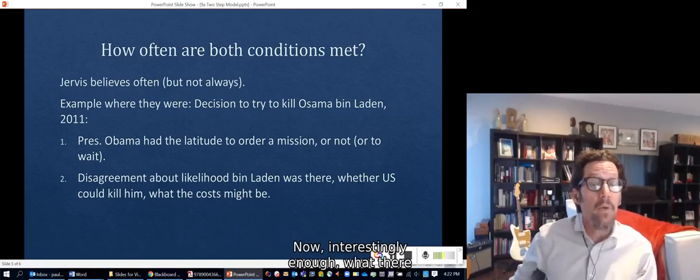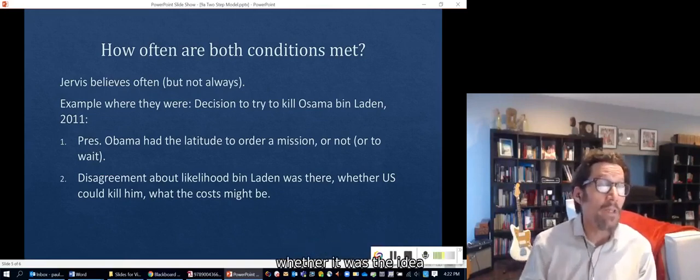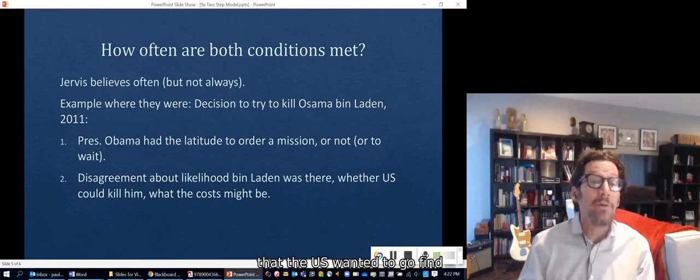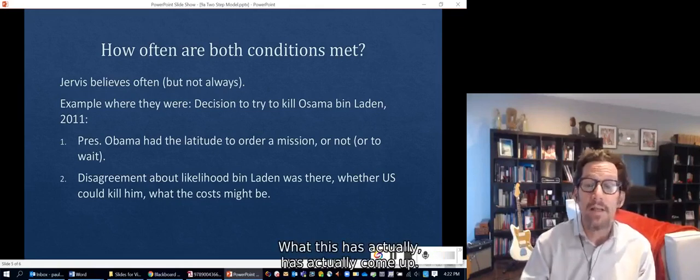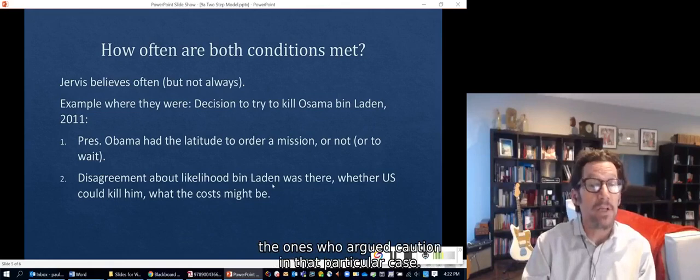Now, interestingly enough, what there was not any disagreement about was the idea that the U.S. wanted to go find the guy and kill him if possible. This has actually come up, been given attention recently. Apparently, Joe Biden was one of the ones who argued caution in that particular case.